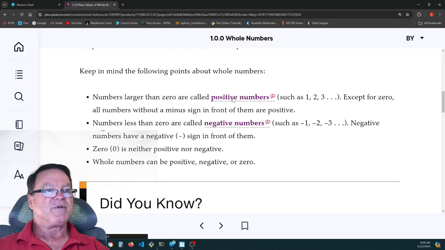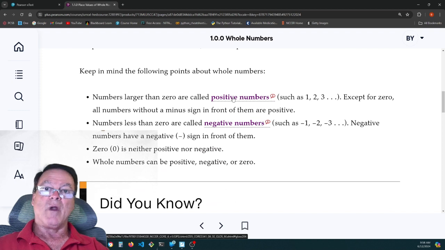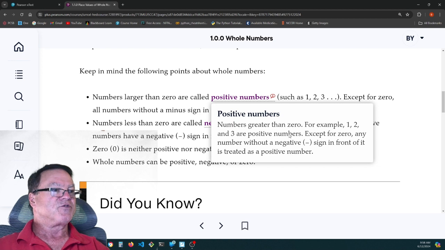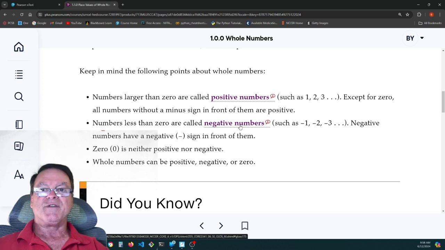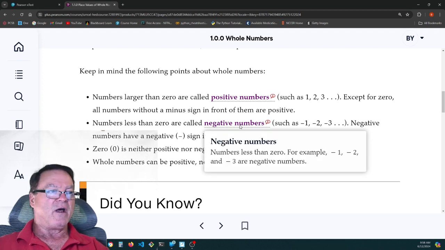Positive numbers are to the right of the 0 on a number line. Numbers greater than 0, for example, 1, 2, and 3, are positive numbers, except for 0. Any number without a negative sign in front of it is treated as a positive number. Negative numbers are when you're going to the left of the 0 on the number line. Numbers less than 0, for example, -1, -2, and -3, are all negative numbers.